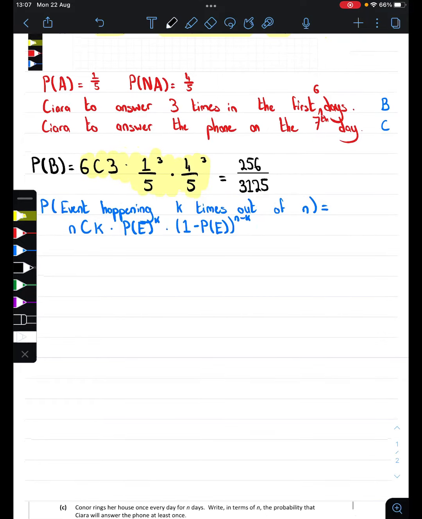And so now let's take a look at the probability of C. The probability that she answers the phone on the 7th day, well, that's just the probability of her answering the phone on any given day, which is just 1/5.